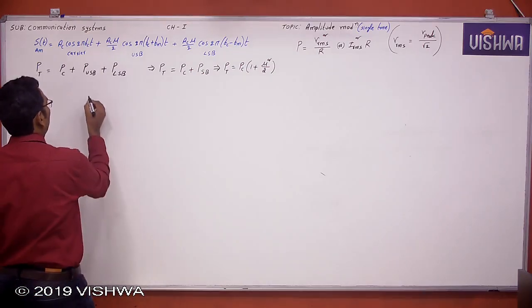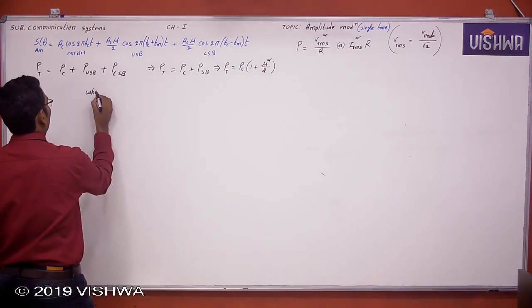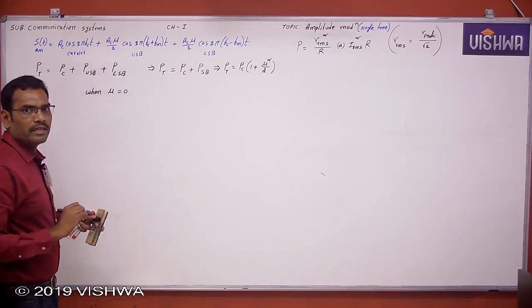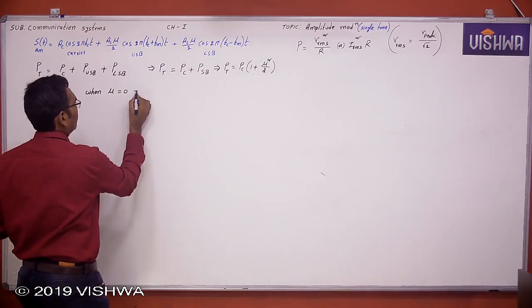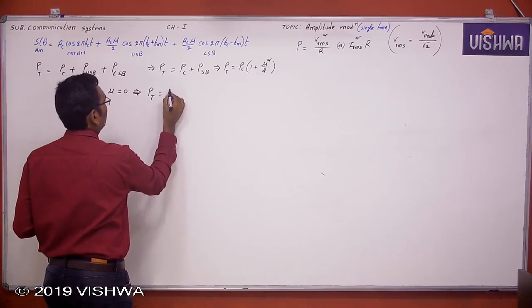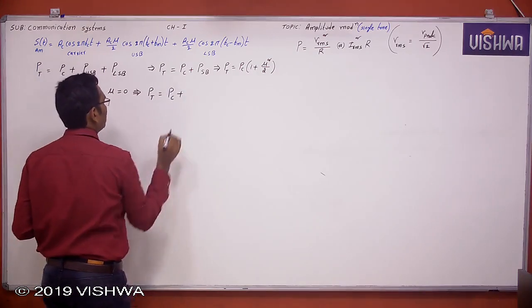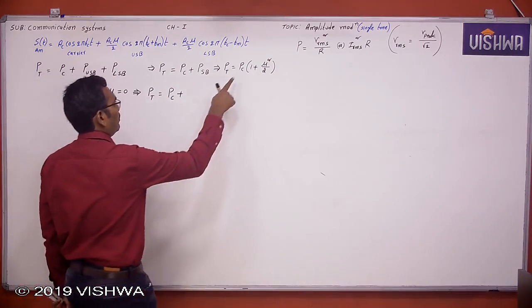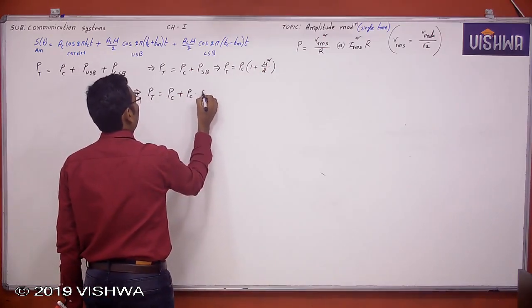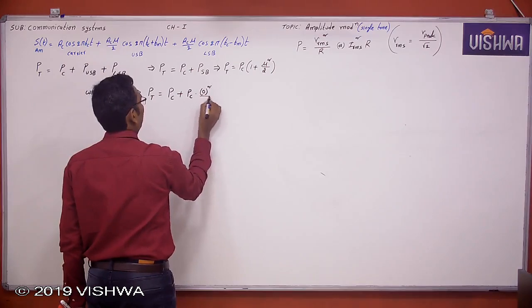Now when modulation index equals 0, the total power is equal to carrier power plus Pc into 0 square by 2.